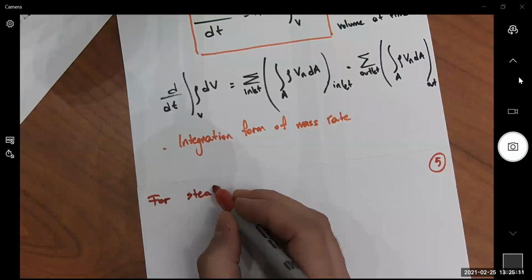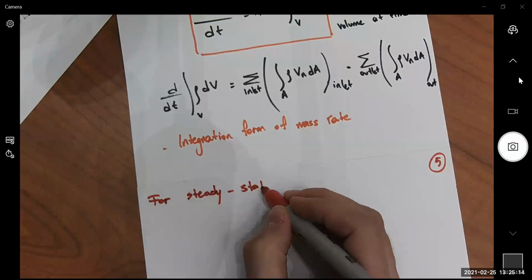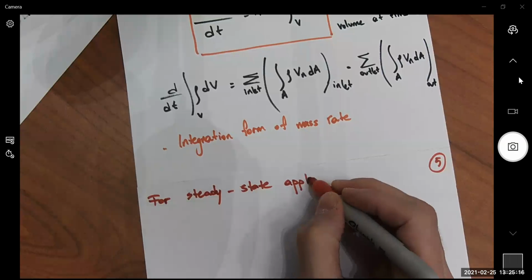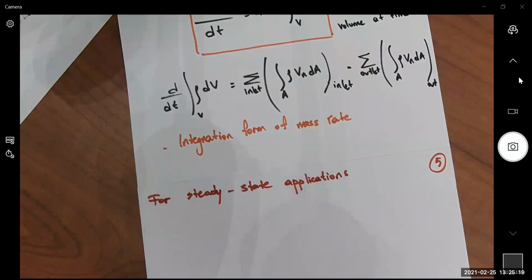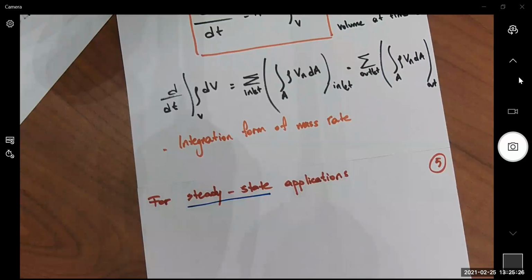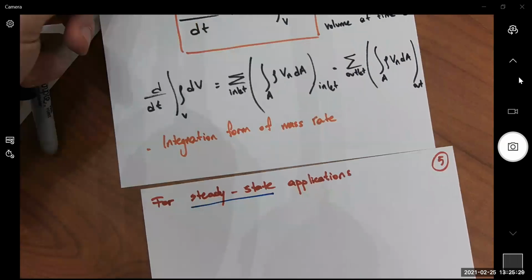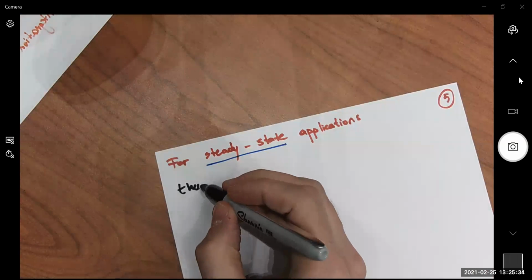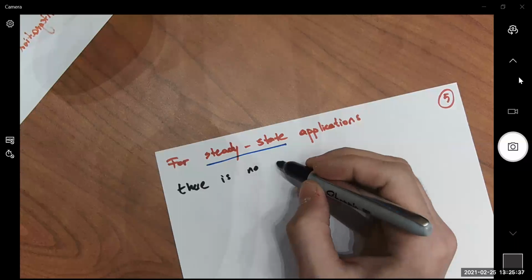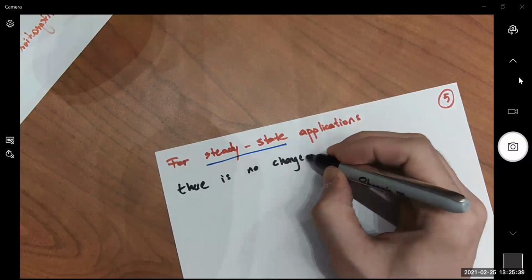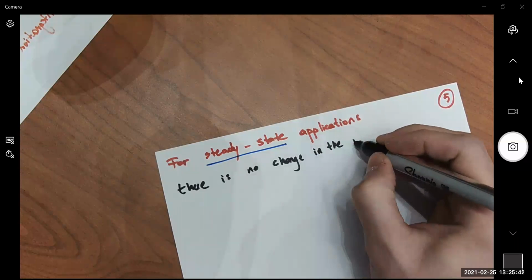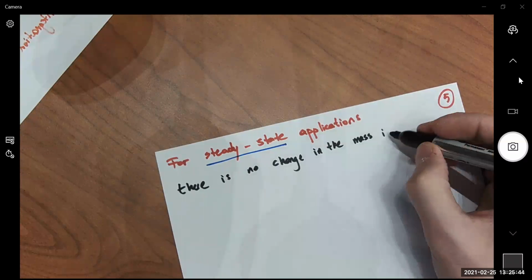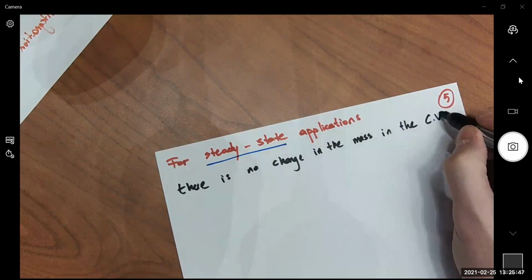For steady state applications, steady state means there is no change in the mass in the control volume.